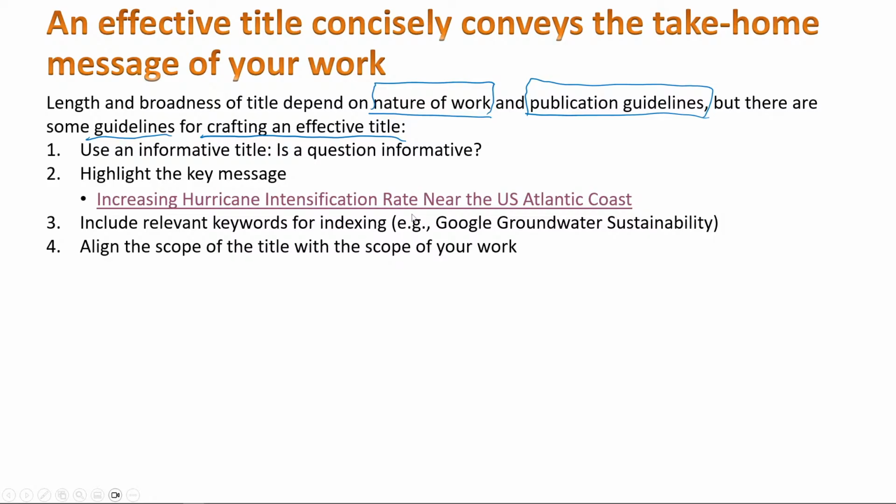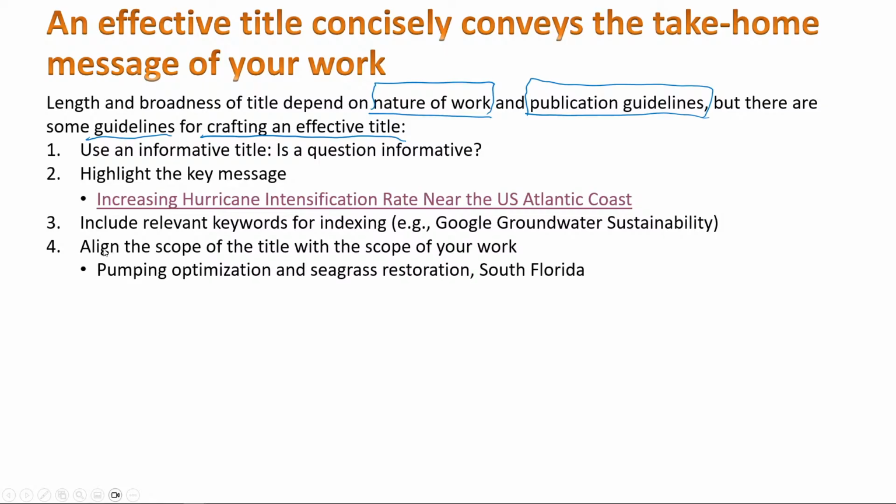I just showed you an example of how putting groundwater sustainability as my first words helped AI pick it up, and helped Google put it on the first page of Google search, to find your work.